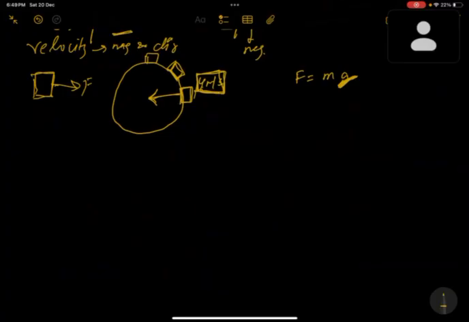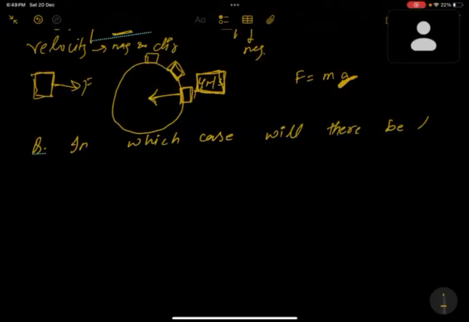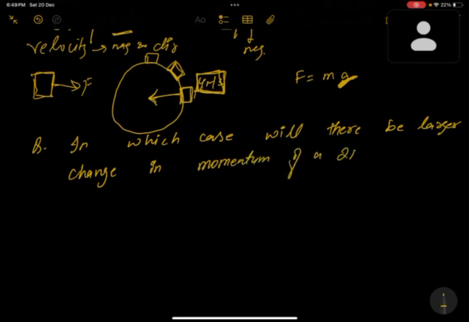Now there is a question: in which case will there be a larger change in momentum of a 2 kg object?